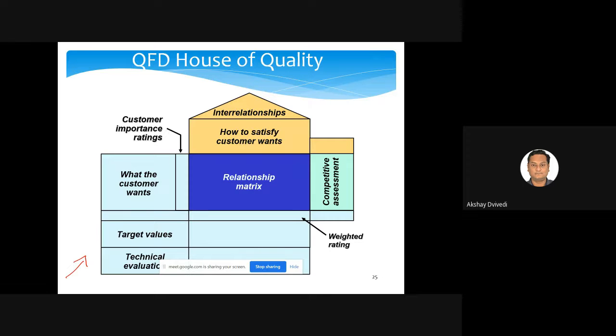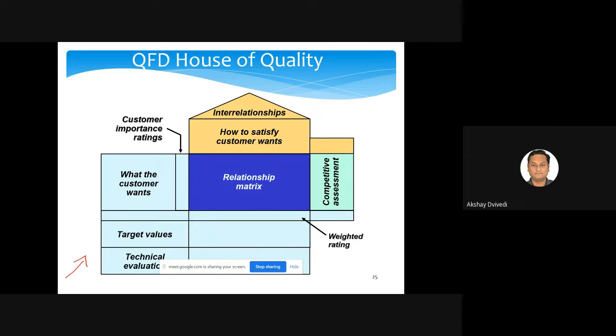Those requirements should be verbatim, which means word by word, whatever the customer says. That should give designers a way to identify which requirements are more important, that is, how to prioritize them, and then find out how technically those requirements can be met.